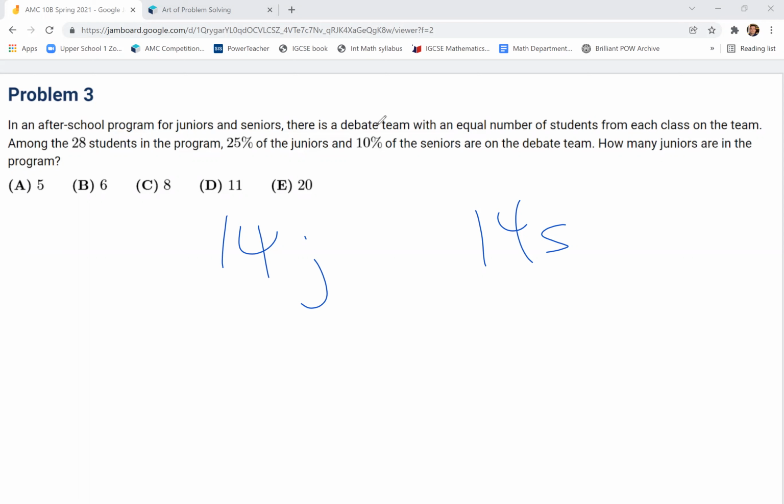Oh, I see. So it's not saying there's 28 students, but they're not all in the program. There's an equal number of juniors and seniors. I see.